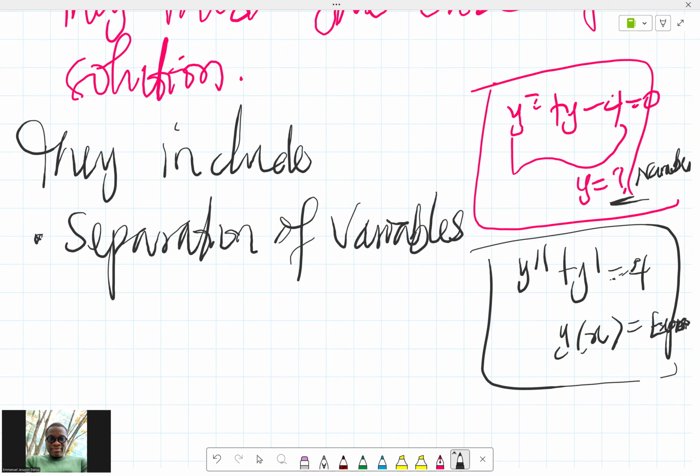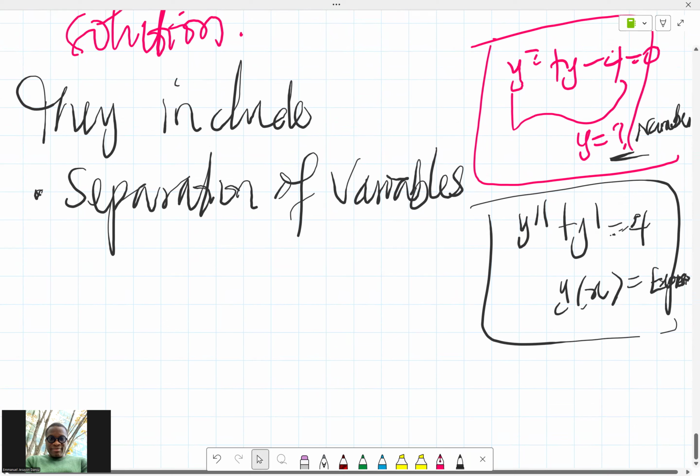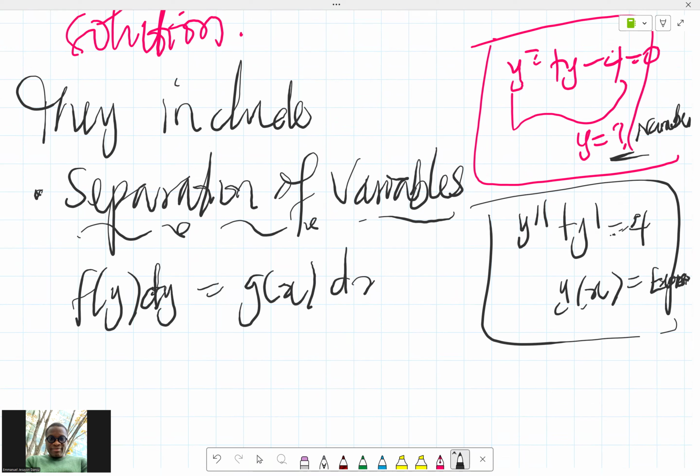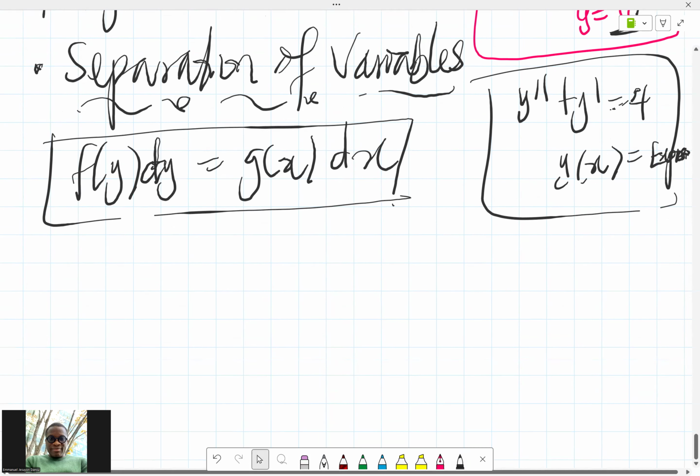In this case, just like the name implies, you group similar variables together. So imagine f(y) dy = g(x) dx. You put x with x and y with y: dependent variable goes with dependent variable, independent variable with independent variable. Wherever you find them, you put them together, and that's the way to progress with the solution.